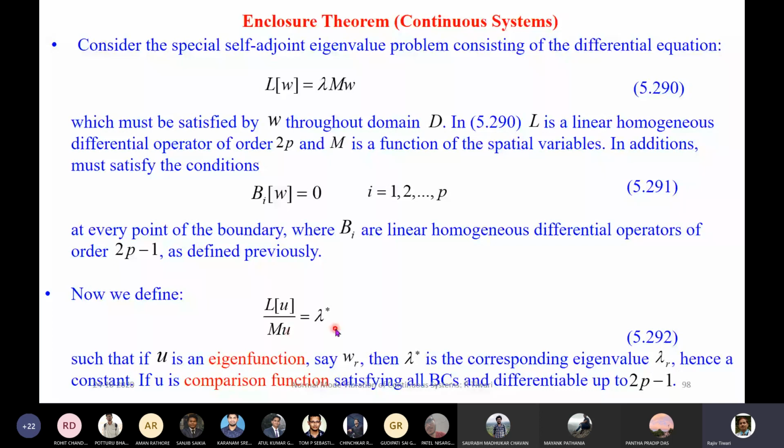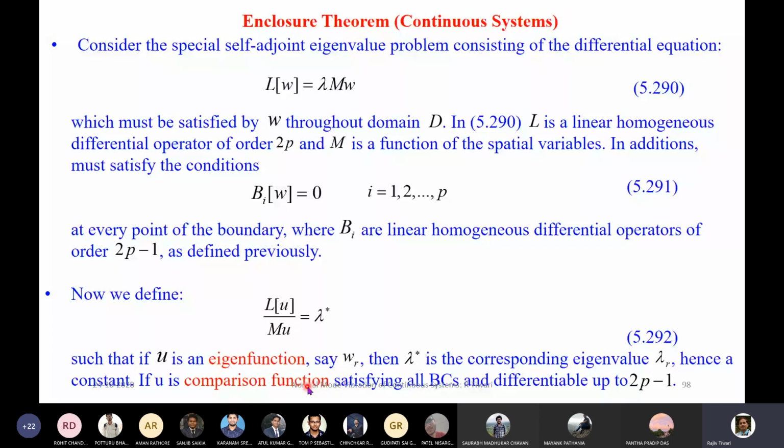As in the discrete system, we chose the eigenvector arbitrarily and tried to get the ratio. Similarly, here we choose not the eigenfunction but another function called the comparison function.